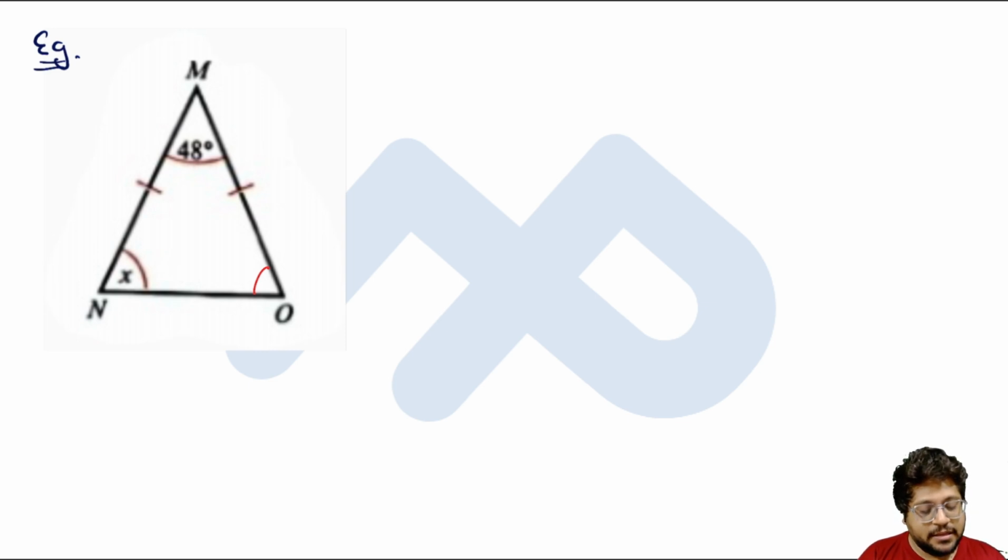So the opposite angle to side MN is angle O, and the opposite angle to side MO is angle N, and both should be equal. So I can say that this O is also X. Here I'll write angle O is equal to X, and the reason is isosceles triangle.